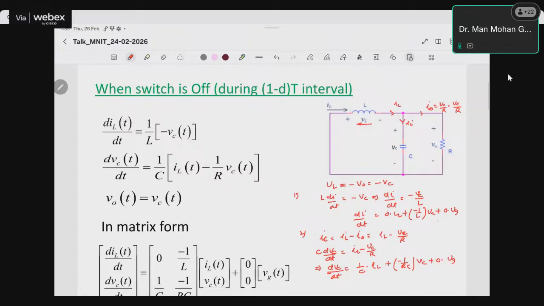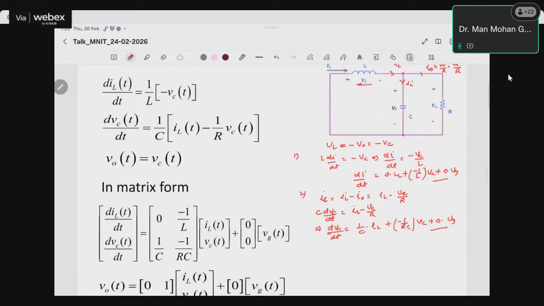Now these two equations, I can write in matrix form. And the third equation will remain as it is, V node equal to Vc, right? So these three equations are there. The third equation is the same as V node equal to Vc(t). I can write them in matrix form. So di/dt, what is the coefficient of di/dt here? 0.